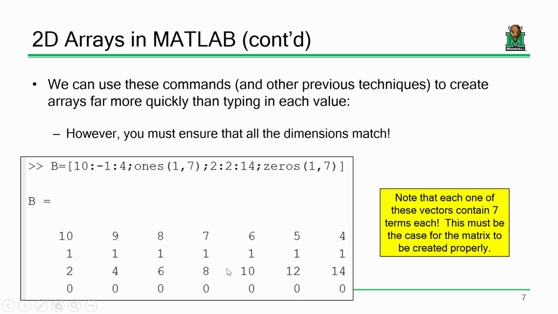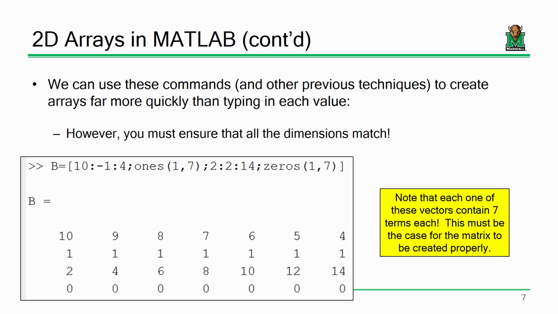And we can also use the same thing when we were doing a one-dimensional matrix and defining a string of variables using, for example, these colons, where we had 10 colon minus 1 colon 4. That was interpreted as start at 10, go through 4, and then at an increment spacing of -1, fill in the blanks in between.